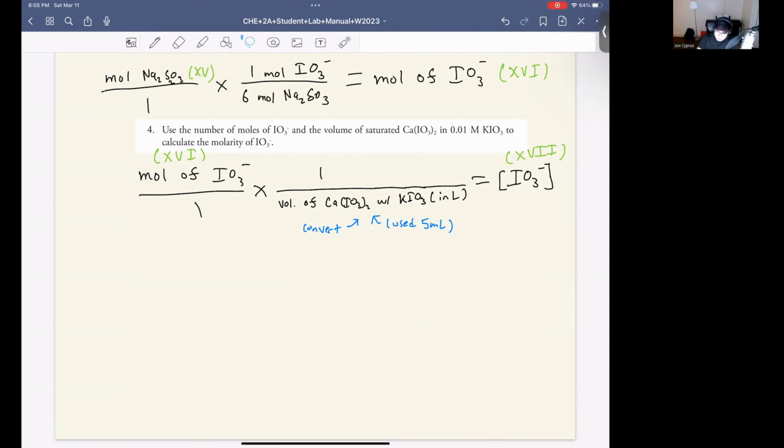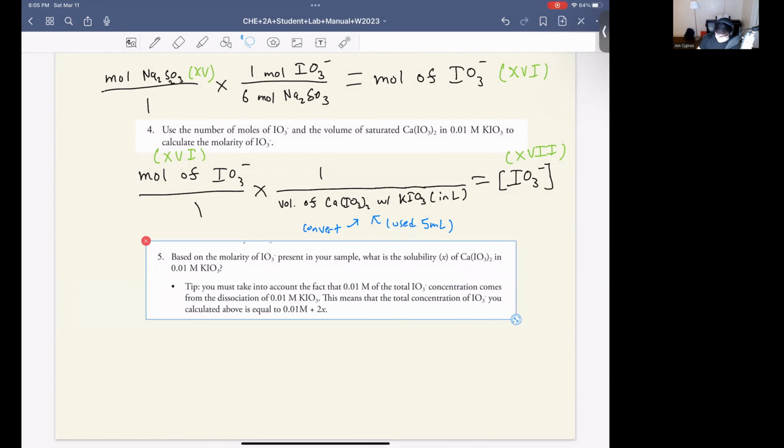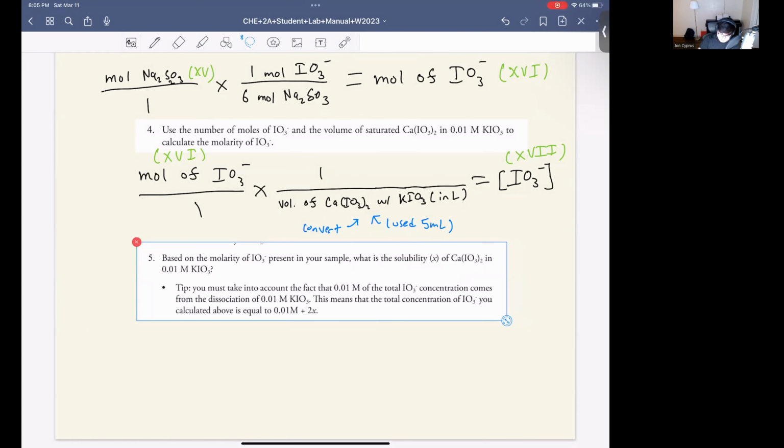For this next one, we're going to go ahead and solve for the concentration of calcium using the molarity of IO3. Now, you know that there is 0.01 molar iodate from the potassium iodate solution, so that's going to affect our calculation.